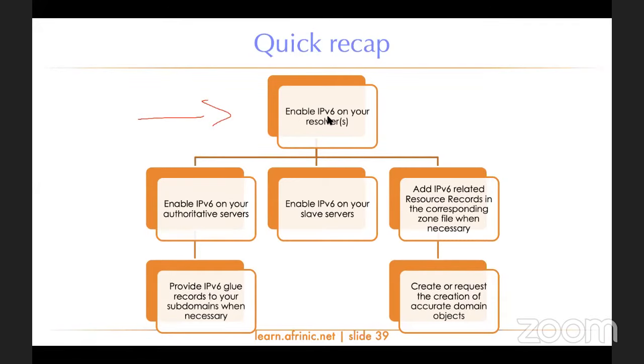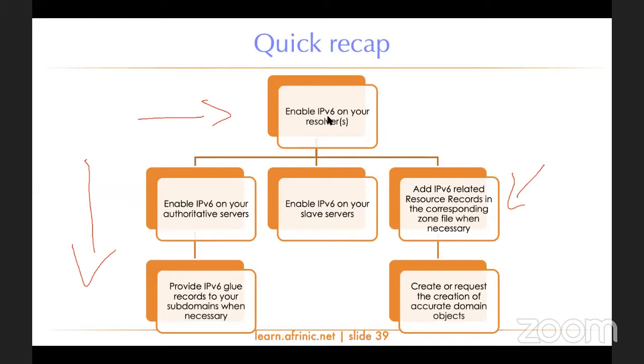Now, when you are not just an end user, but you are either an ISP, corporate user or cloud provider, you can do various things. You can enable IPv6 on your authoritative servers, on your slave servers. You can add the resource records in the zone file. Some tasks are not linked, because you can do some tasks before others.